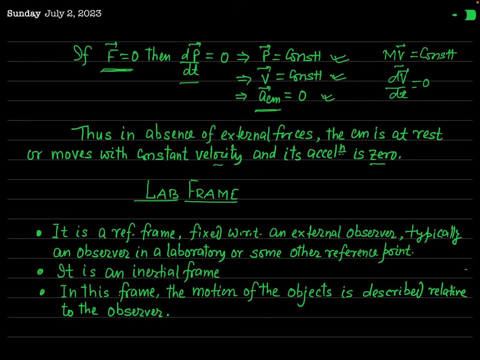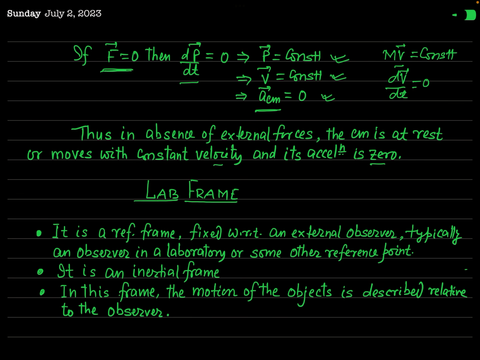Okay. Now, when you talk about lab frame, meaning laboratory frame, this is an inertial frame. Actually, lab frame is defined as an inertial frame which remains fixed with respect to an external observer.